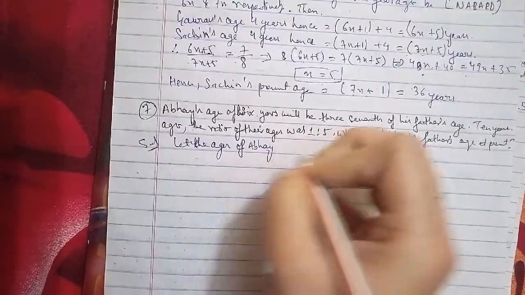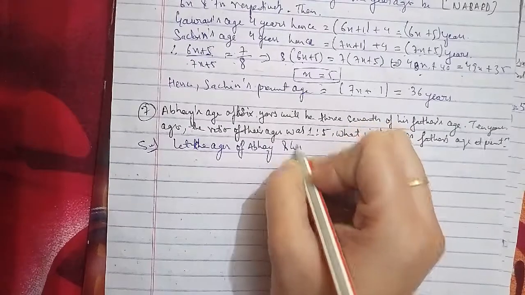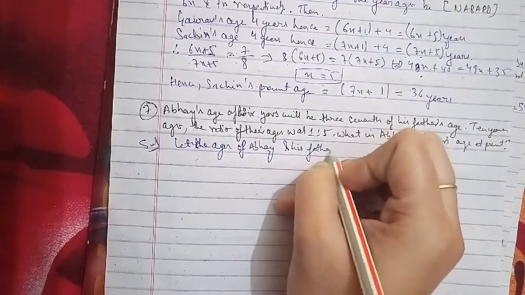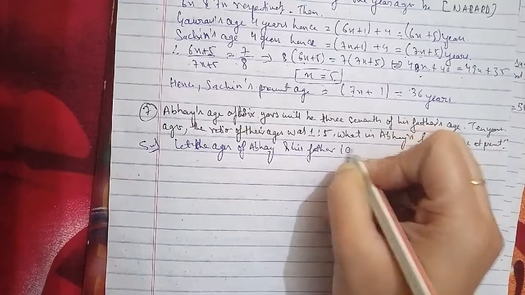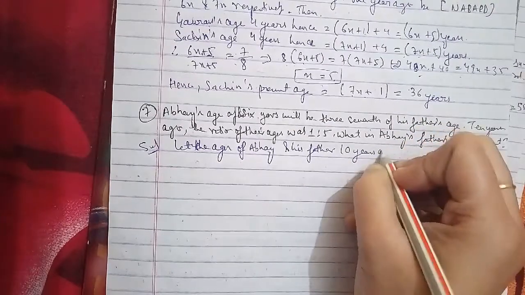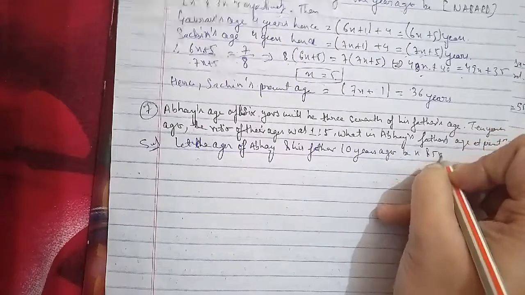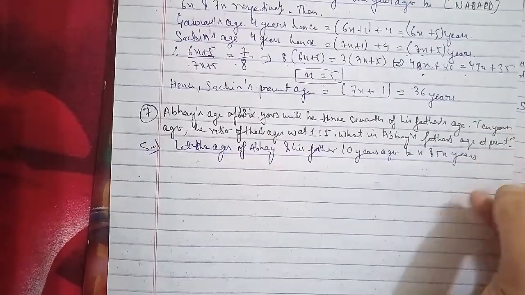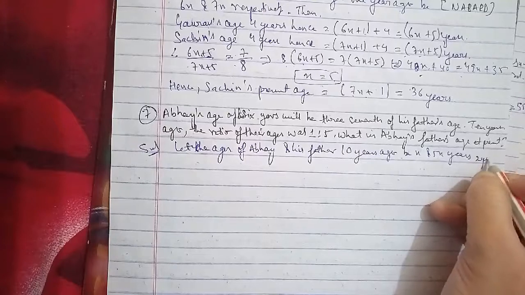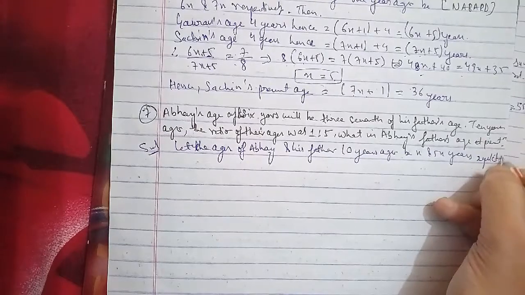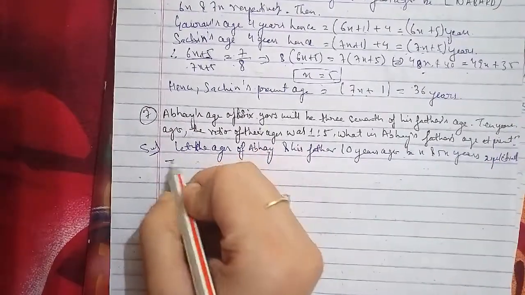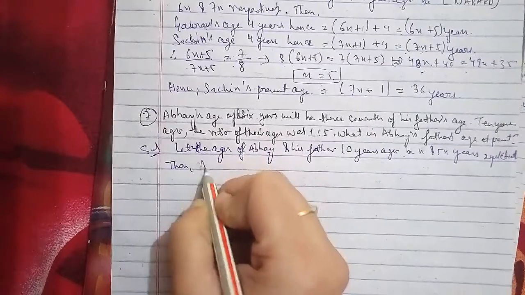Father's age after 6 years equals 5x plus 10 plus 6. 10 plus 6 is 16, so it is 5x plus 16 years.